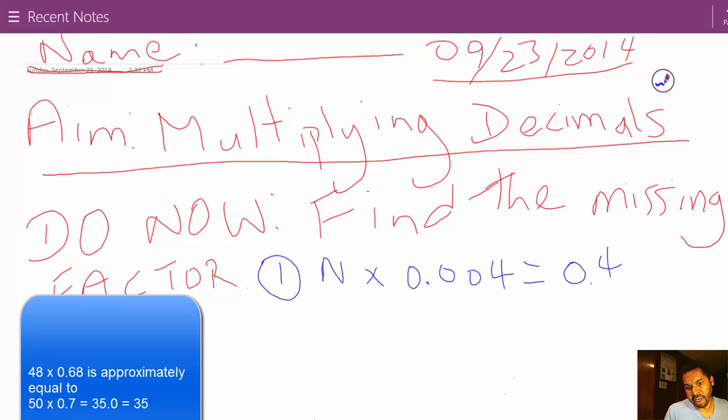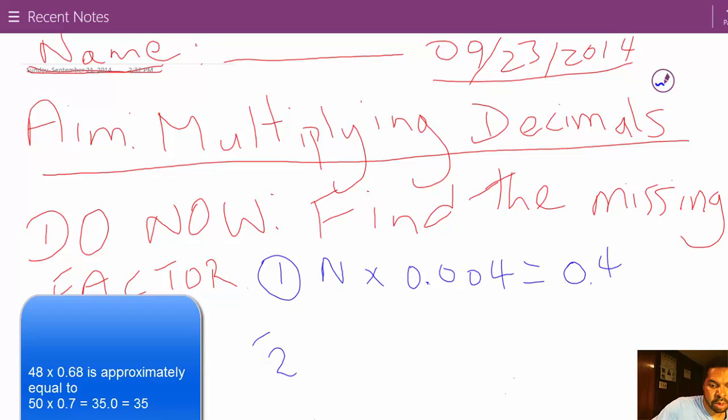Your goal is to find what value of n I multiply by 0.004 to get 0.4. In other words, what number, when multiplied with 4 thousandths, gives me 4 tenths?